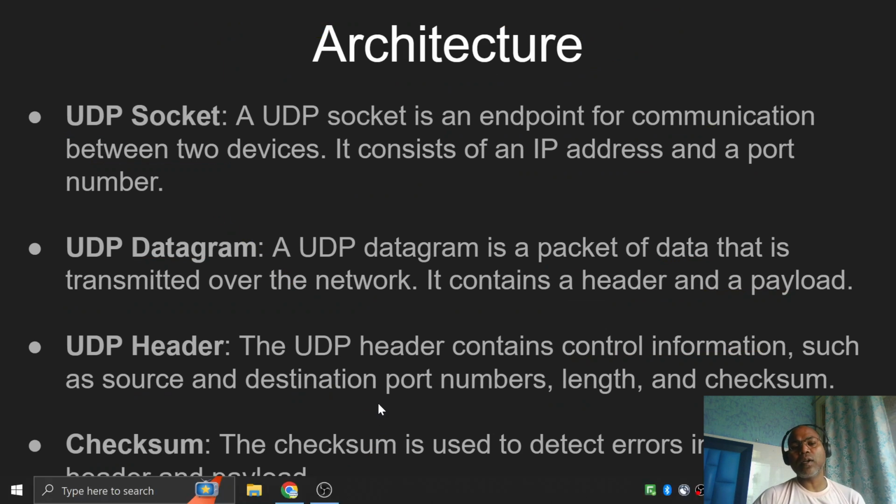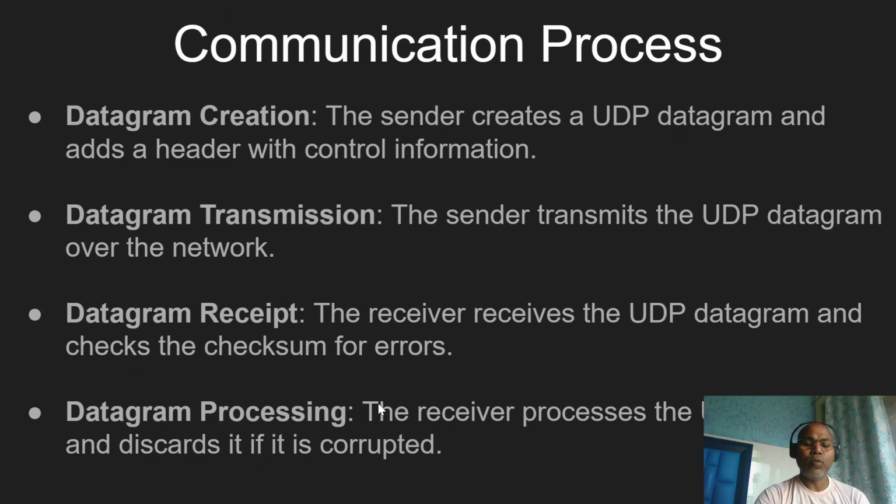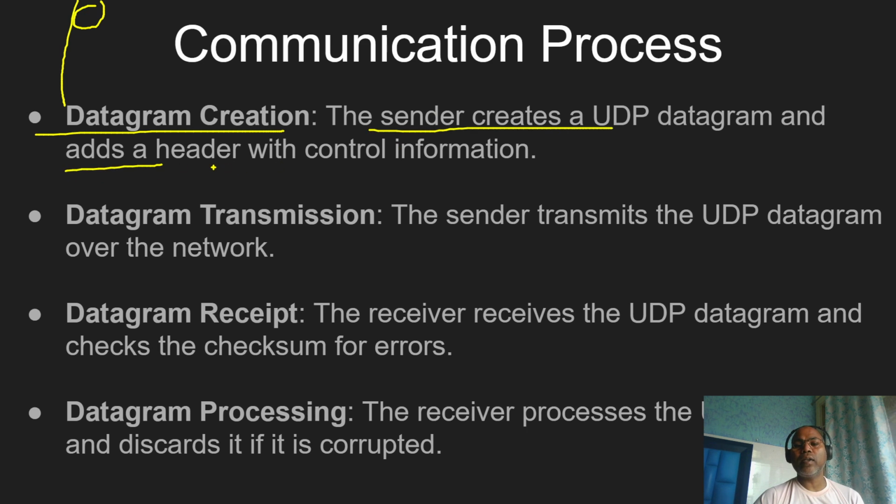So every piece of information is contained in your packets. In the communication processing, first the datagram packet is created. Whatever our client or sender creates, one datagram packet, it just adds the header and control information and sends it.